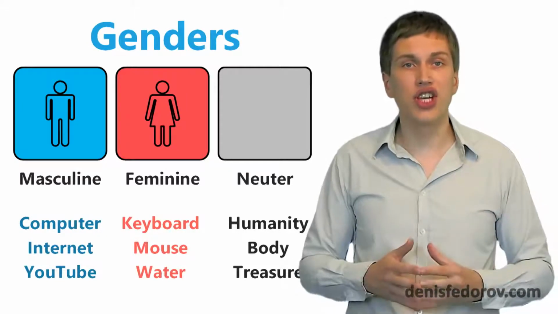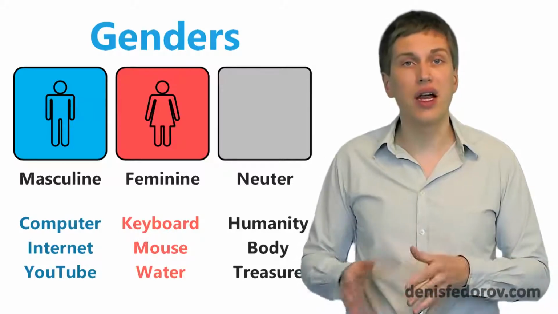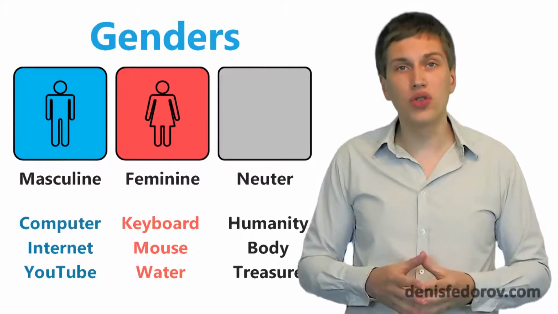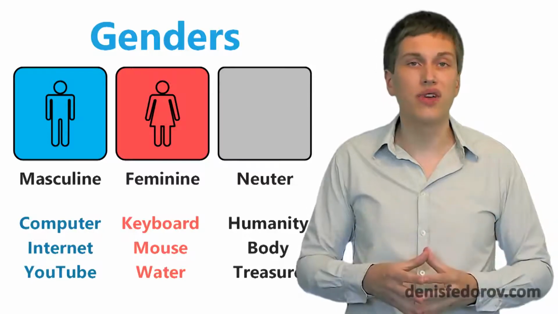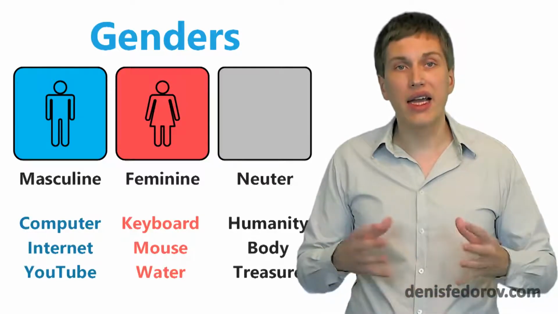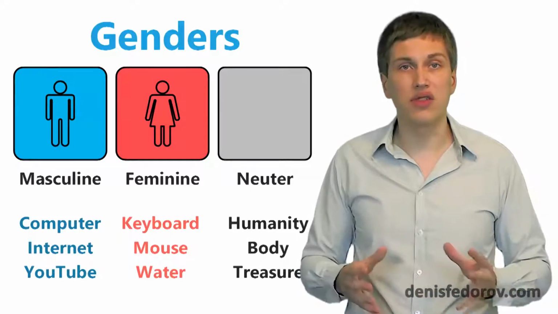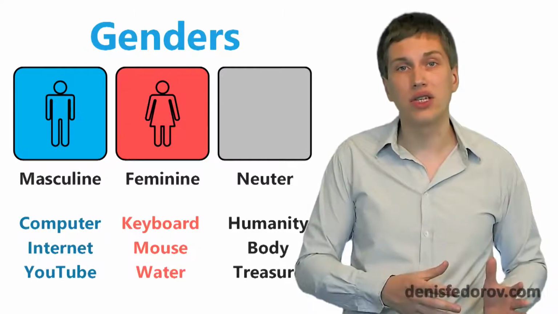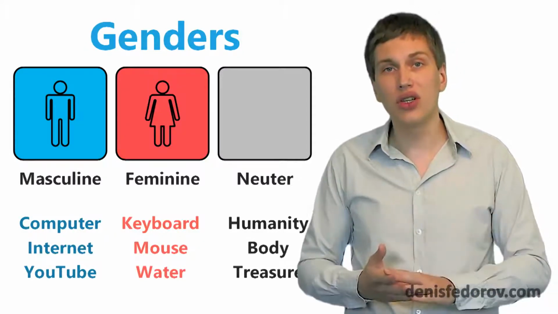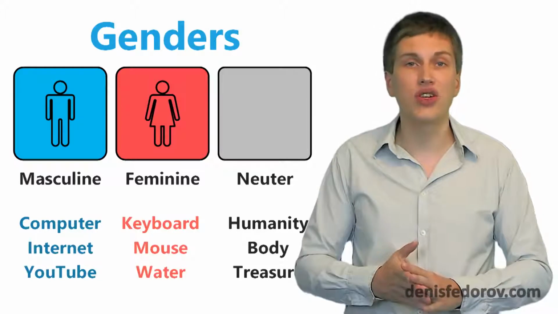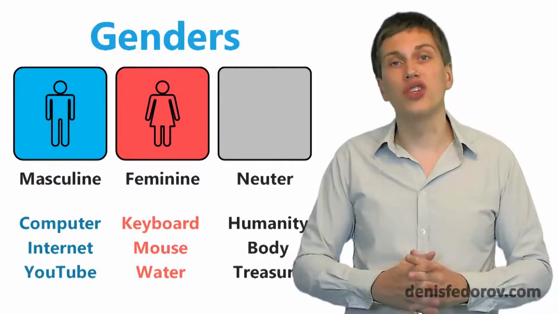Because in Russian, the gender of nouns depends on their ending. And according to rules, you need to learn to identify gender of nouns. And gender of other parts of speech depends on nouns. So again, nouns are essential, and when you learn to identify gender of nouns, you will know the gender of other parts of speech.